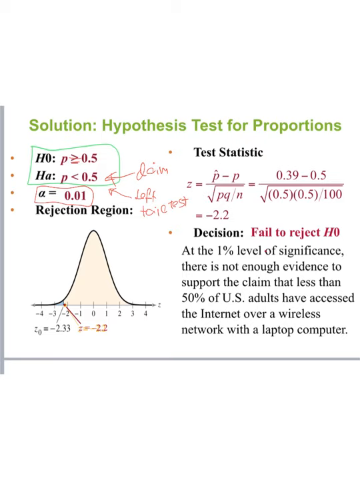So we go to our picture here and we can draw the rejection region based on alpha. If alpha is 0.01, you can find your z-score using your table or your calculator, whatever you've used before, StatCrunch. You find negative 2.33. This is your critical value.